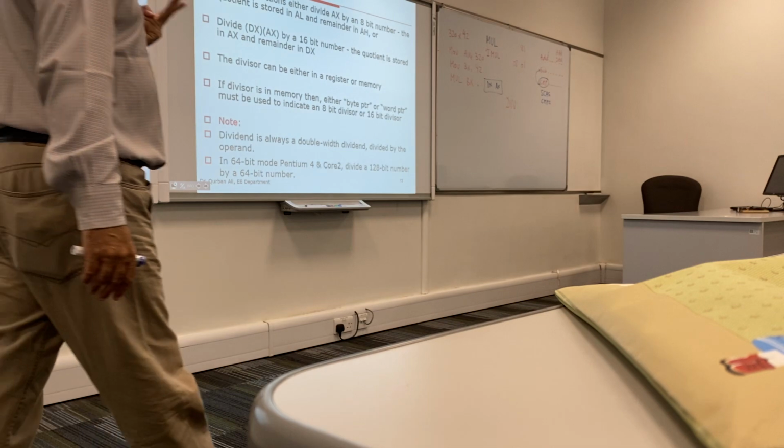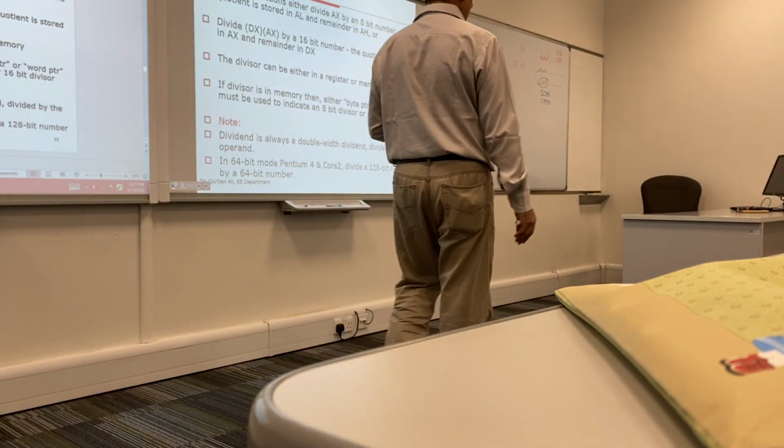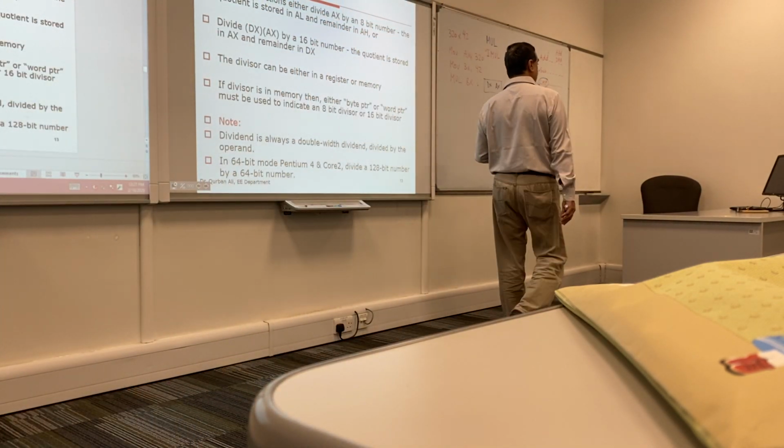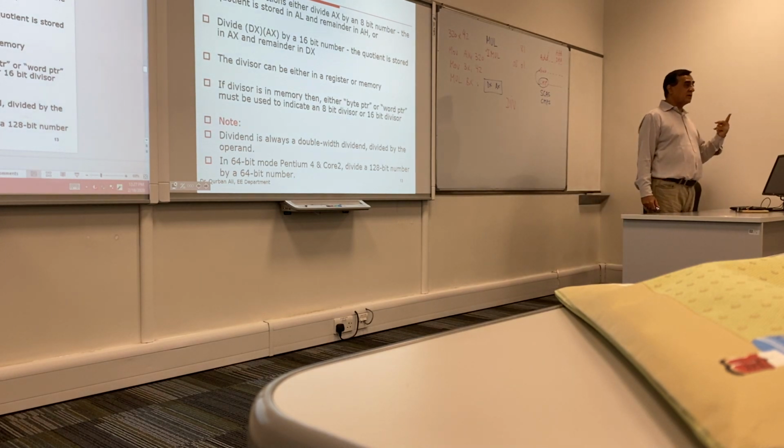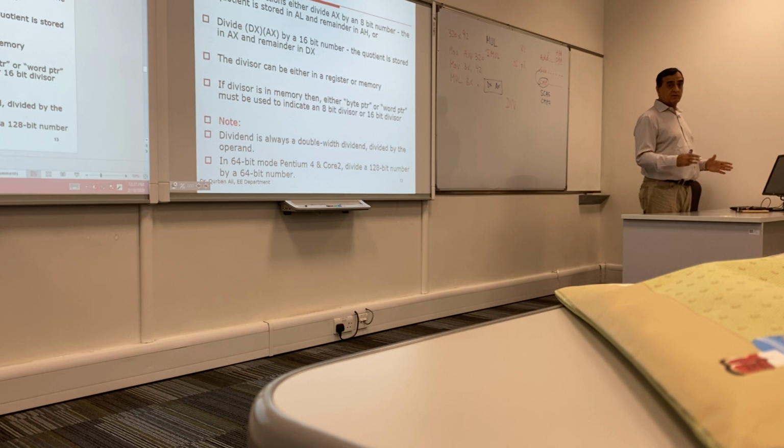But 2 points are very distinct. Answer is not bigger than the original size. It can be the same or even smaller, right? But there will be two answers. One is the quotient, the other one is the remainder.